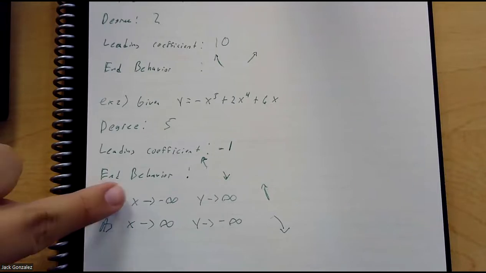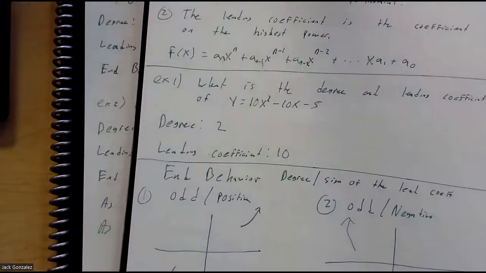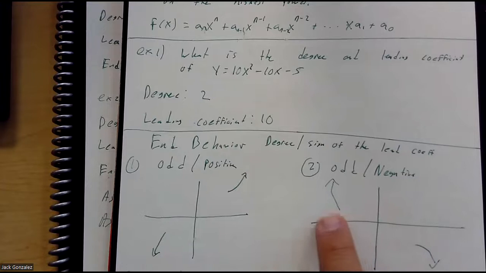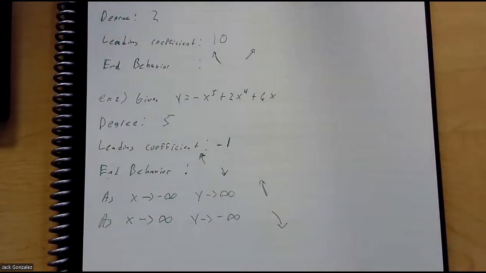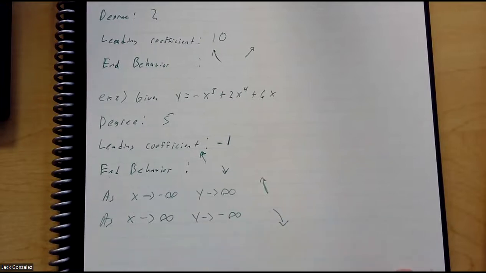This just means you go left. As I look at the graph, as I go this way, this is going up. As I go to the right, it's going down. Any question on number 1 or 2? There's no 3 yet.